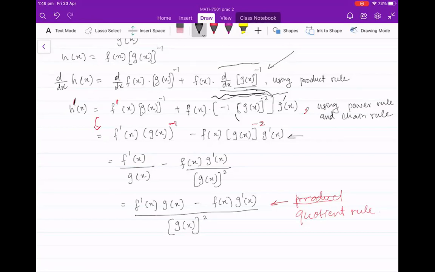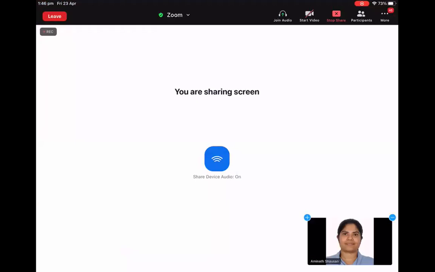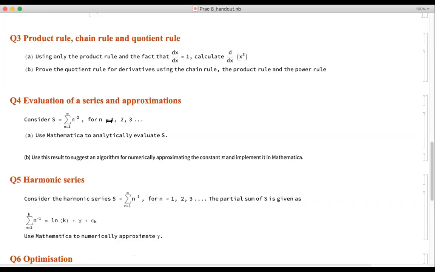Question 4 is about series and approximation. Okay, I need to stop sharing. How would you use Mathematica to analytically evaluate this sum?